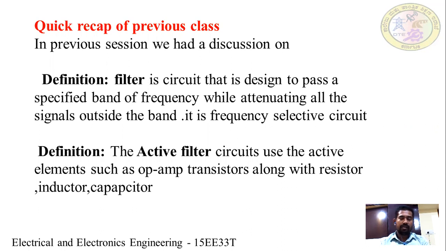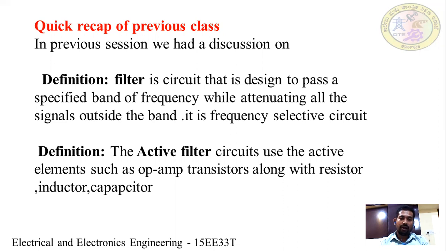Active filters are useful for frequencies below 1 megahertz. Passive filters are built with passive components such as resistors, capacitors, and inductors, which pass the electric signal of a certain band of frequencies and block the other frequencies.